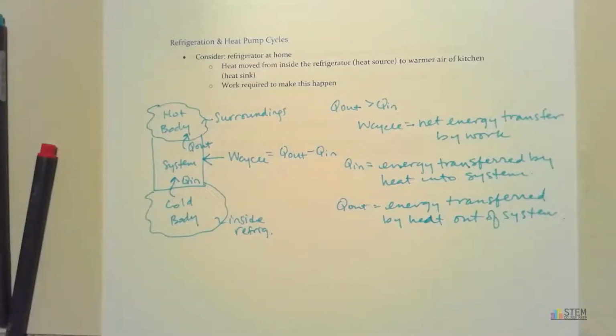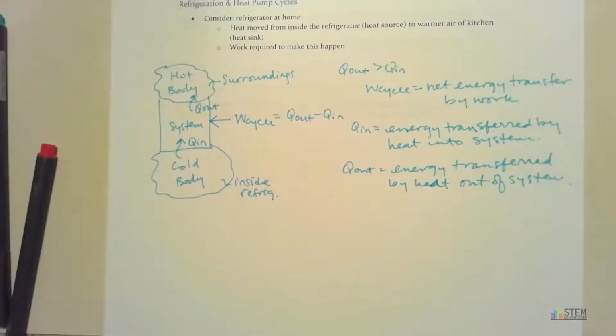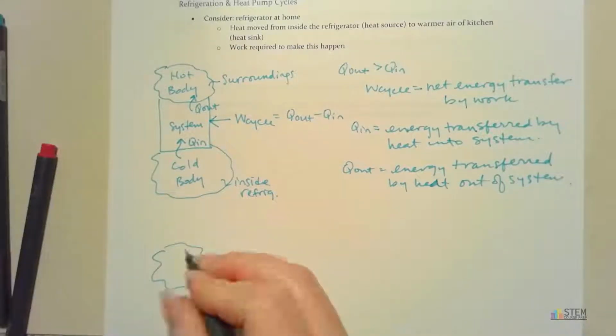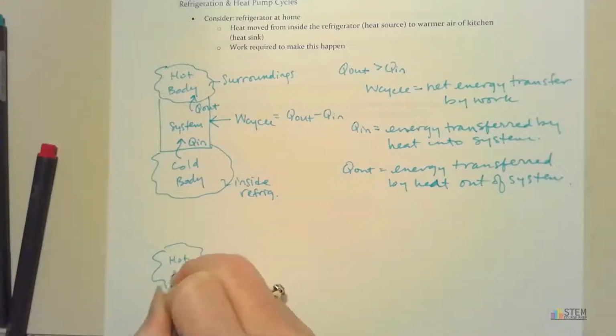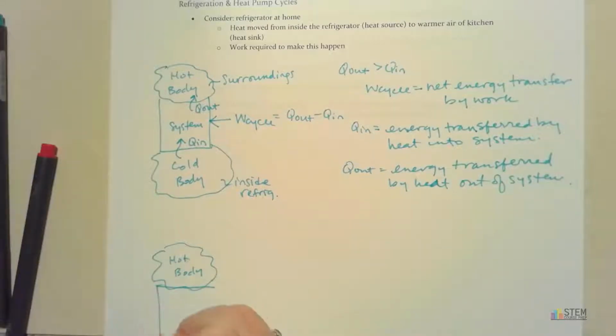Now a heat pump is kind of like the refrigeration cycle. They're a little similar. Let's draw a picture for this one. So here we've got our hot body, and we've got a system, and then we've got a cold body down here.